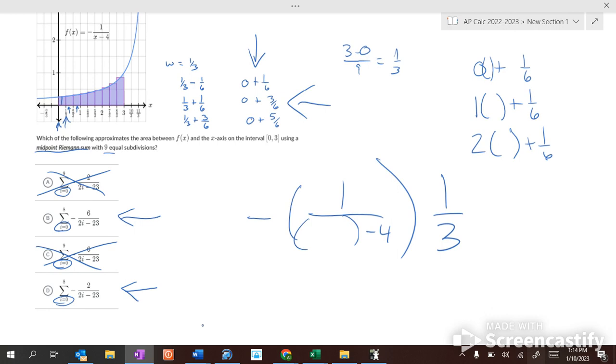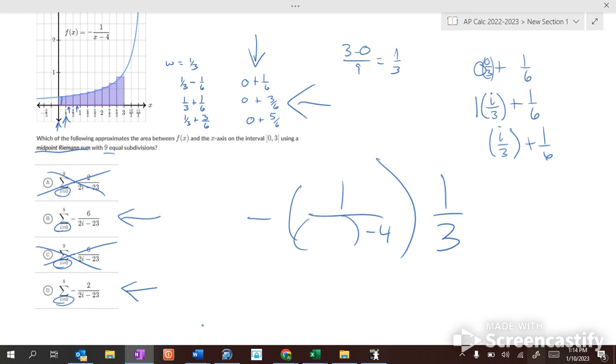So this has to be 0/3, 1/3, 2/3. Because 2/3, wait, I over 3. So if i is there, 1/3 plus 1/6 would work. And i over 3.